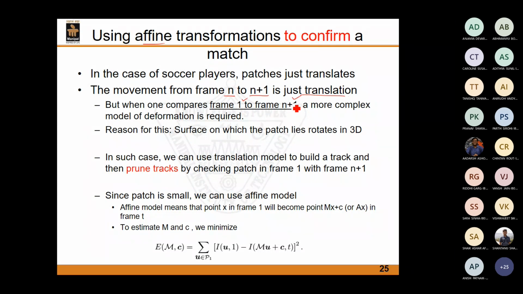So this is the assumption that we are making, or this is the post processing step that we are doing. I'll just repeat that.